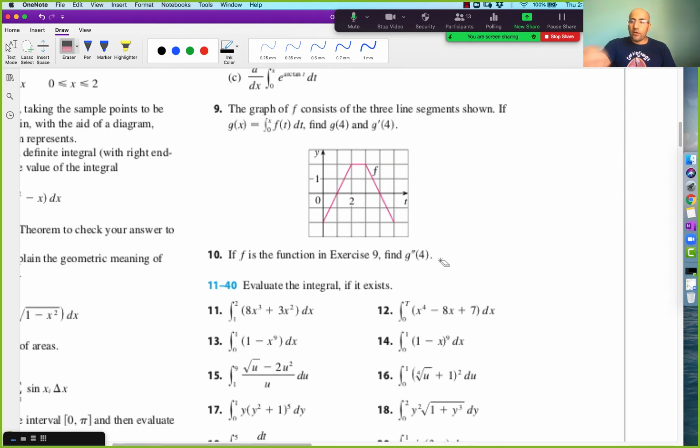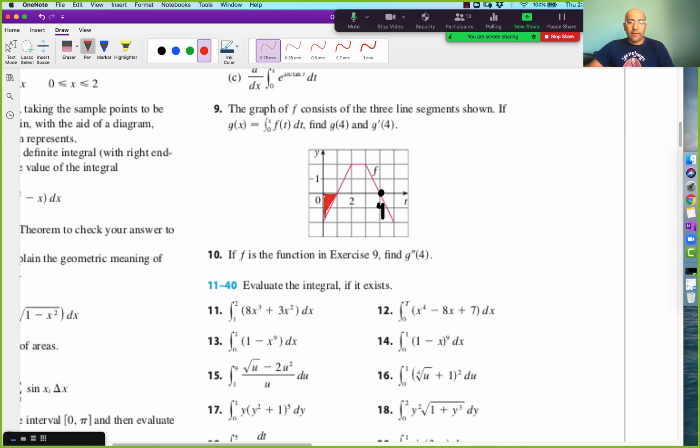Okay, g of 4. First, 4, that's going to be 3 and 4, right? This one's 4. 1, 2, 3, 4. So we want to find the area underneath the curve starting from 0 to 4. It means we're going to end up with shapes that we have to find.